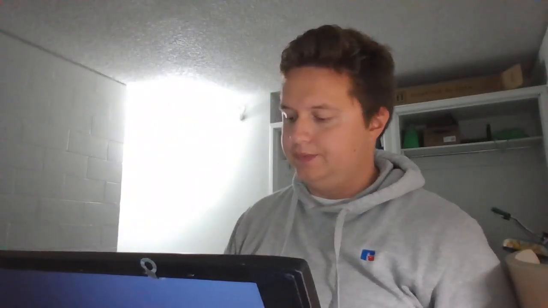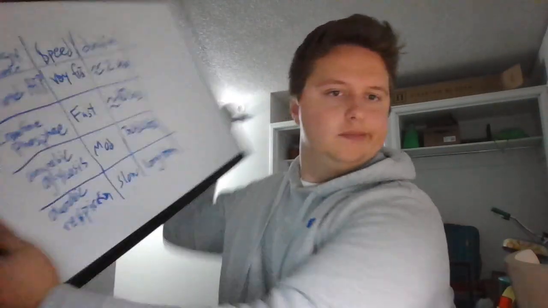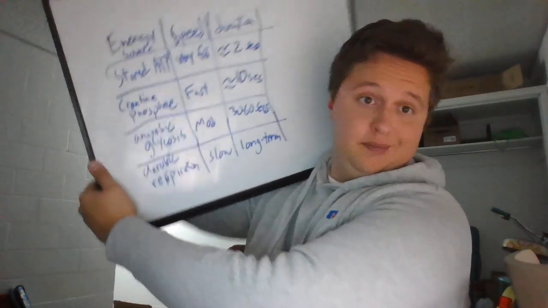Most efficient. There's the chart. Memorize it. So short bursts will rely on stored ATP and creatine phosphate, whereas longer, more moderate activity will use anaerobic glycolysis, or for endurance, aerobic respiration.